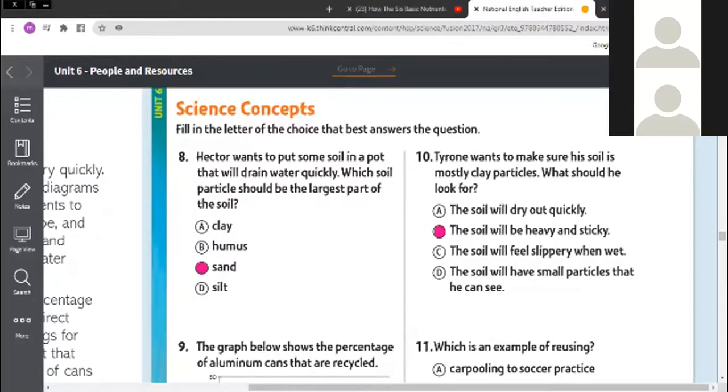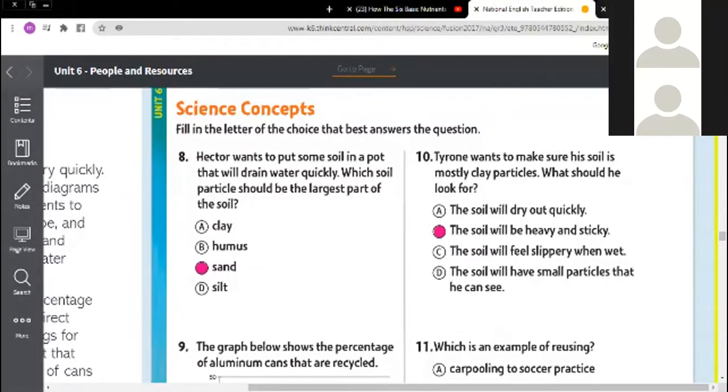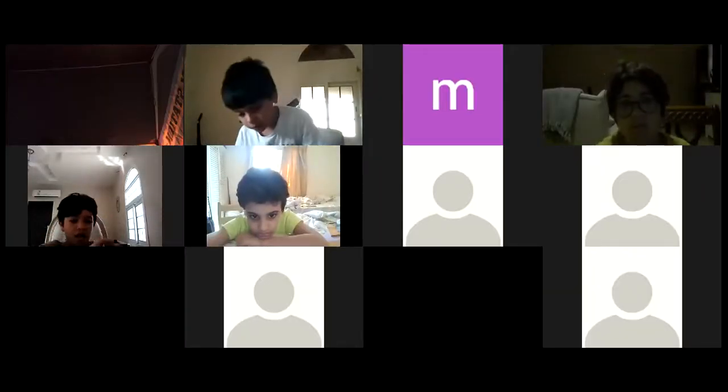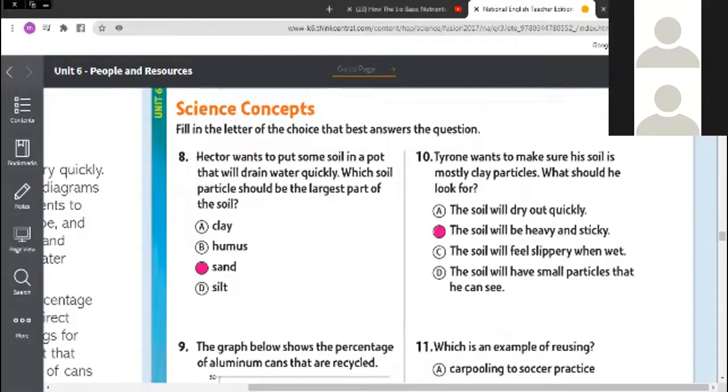Okay, so which soil particle should be the largest part of the soil? It's sand. Yeah, sand. Still blurry.